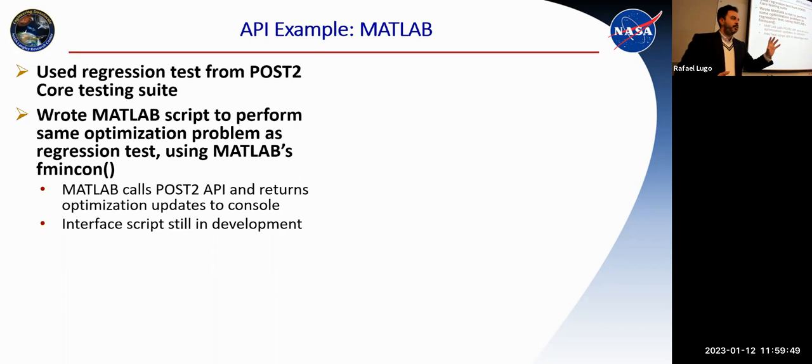And instead of using POST's built-in projected gradient method, we said, well, let's use MATLAB and let's use fmincon. If you use MATLAB a lot and you deal with optimization problems, you probably have used fmincon.